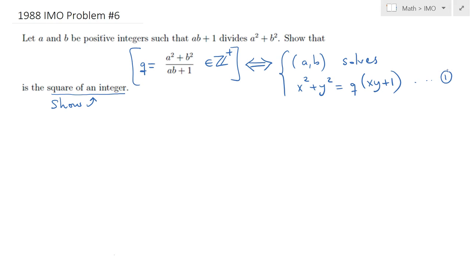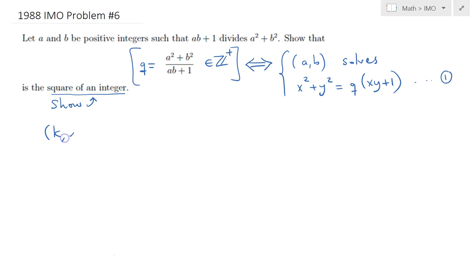And before going on, let me remind you that a and b are both positive integers. What I claim is that a and b are obviously not the only solutions. There are infinitely many solutions of this equation, so let's consider a pair of non-negative integers.